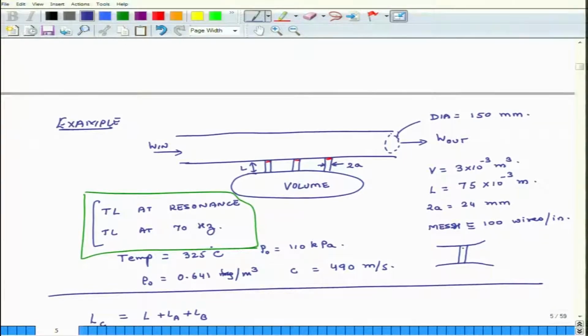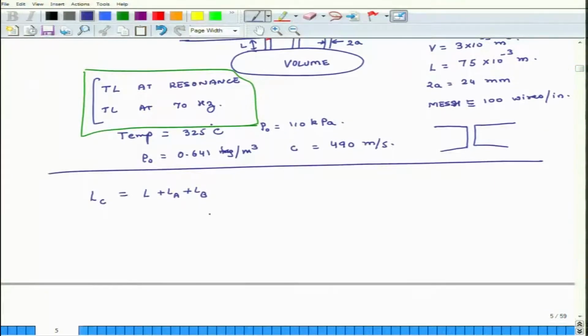Of course, there is an opening here. So, I will draw it more clearly. Each pipe is like this, and on one end it is connected to the volume, and on the other side it is connected to a pipe. So, this pipe and this volume act as flanges, so we will use the relation for flanges.